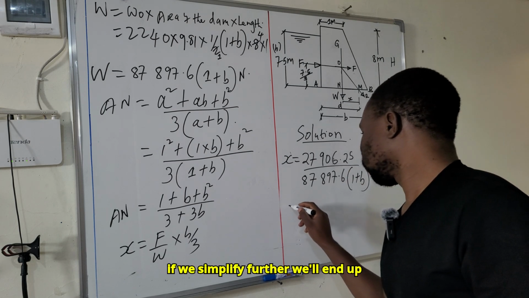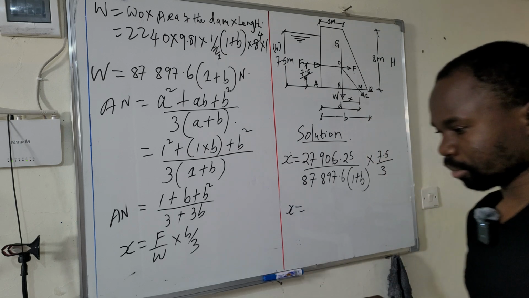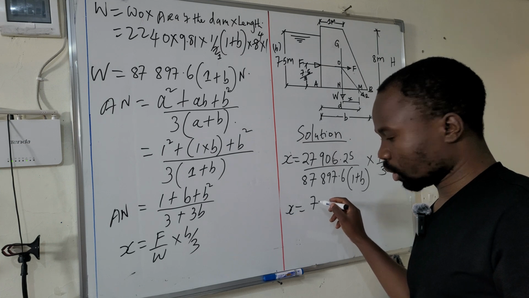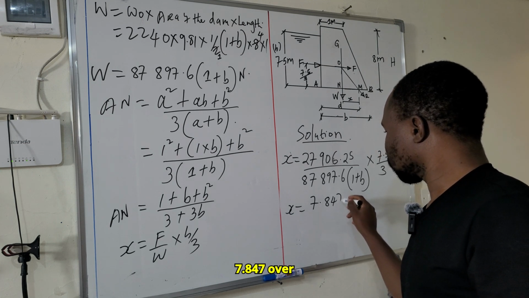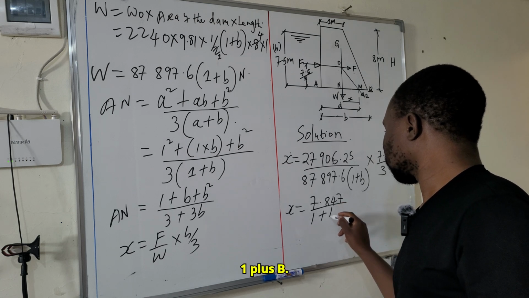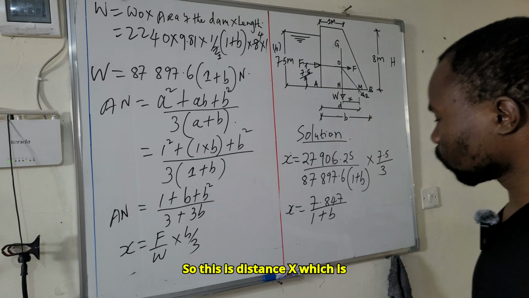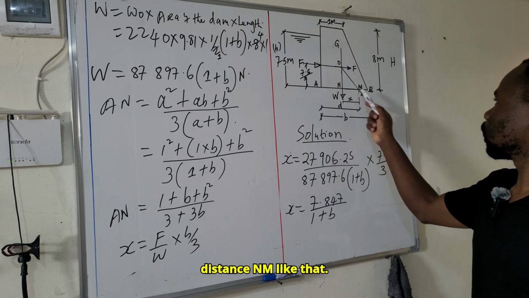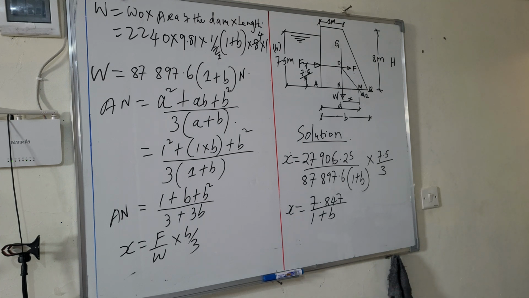If we simplify further, we end up having 7.847 over 1 plus B. So this is distance x, which is distance NM, like that.